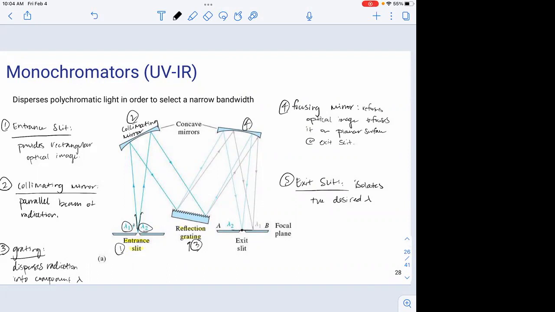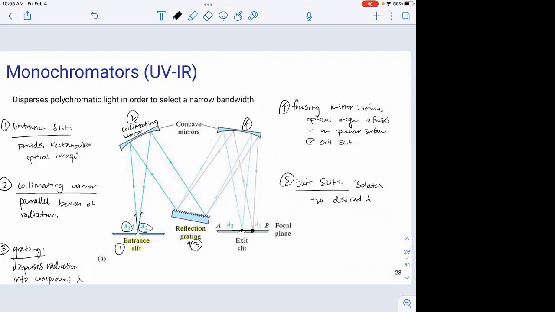So if I wanted to only select the second wavelength, I could move this mirror to select only this guy coming through this slit, right? And so the exit slit is useful because it only allows through our particular wavelength of interest.